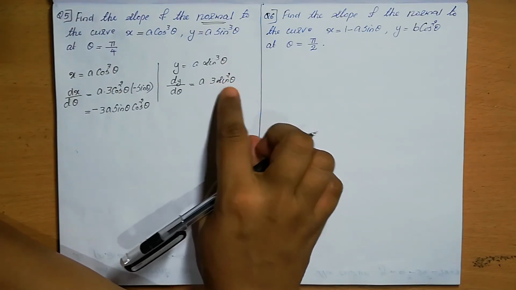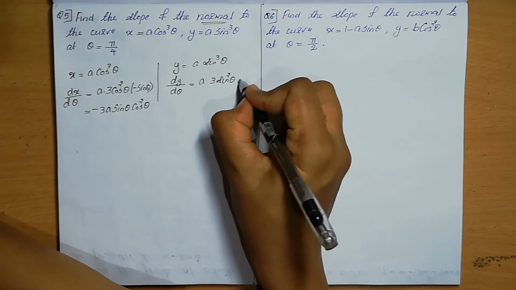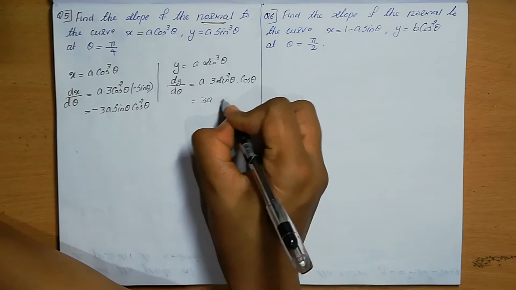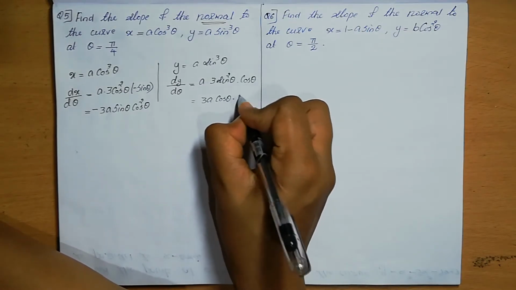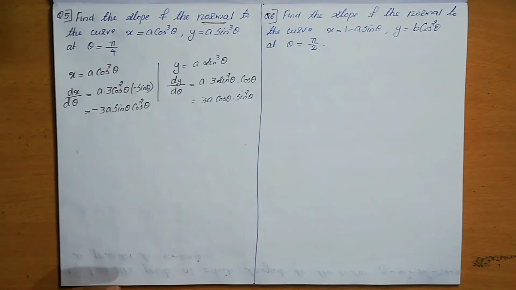So 3 sin square theta into derivative of sin theta. Derivative of sin theta is cos theta. So the answer is 3a cos theta sin square theta. Next we are going to find the slope of the tangent. Slope of the tangent is dy by dx, right?